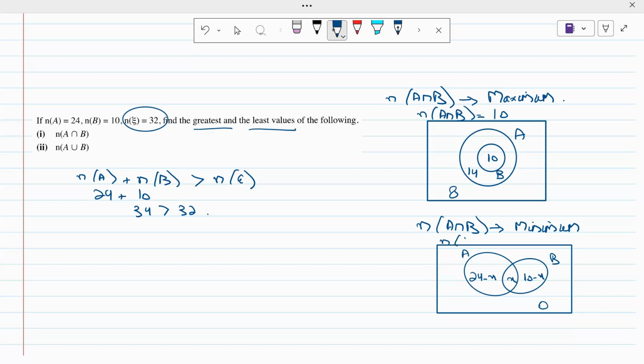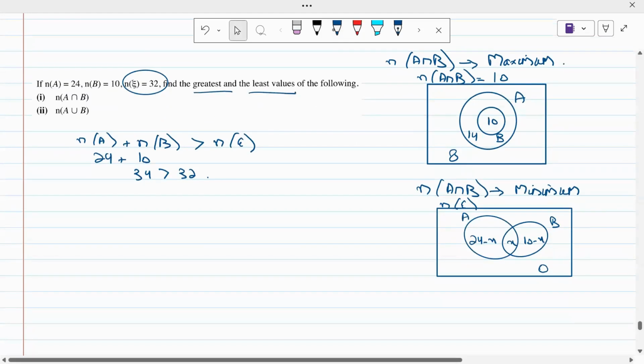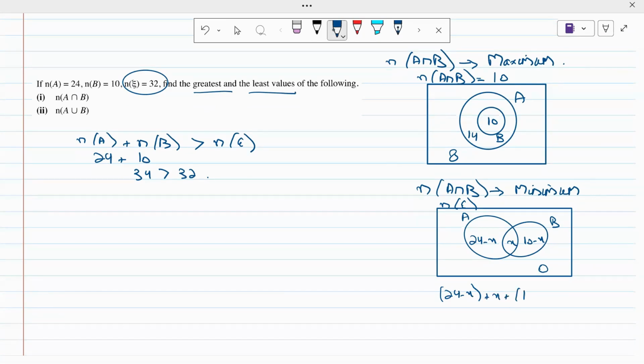And now you can make the equation as 24 minus x plus x plus 10 minus x is equal to universal, which is 32. So 24 minus x plus 10 minus x is equal to 32. Plus x minus x cancelled. 24 plus 10, that's 34 minus x is equal to 32.